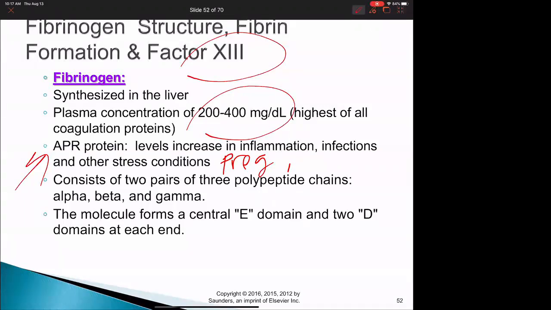Now, the actual structure of fibrinogen consists of 2 parts, and it has 3 polypeptide chains: the alpha, beta, and gamma chains. The molecule forms a central E domain, and it has 2 D domains at the very end. So let me just show you.